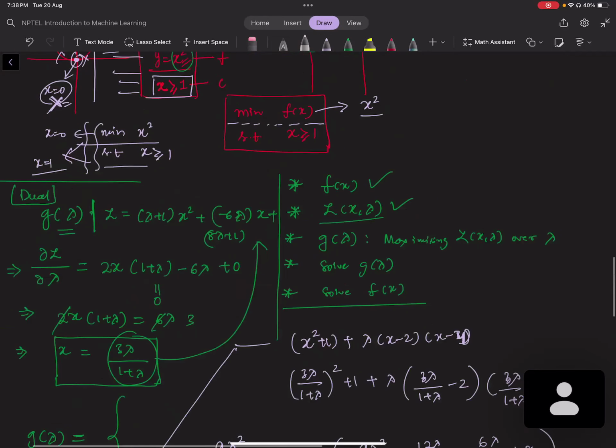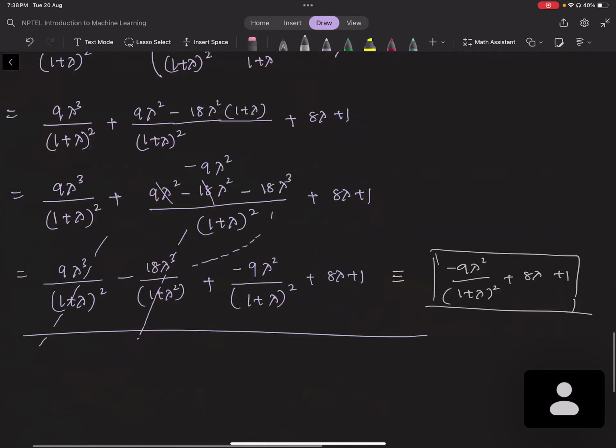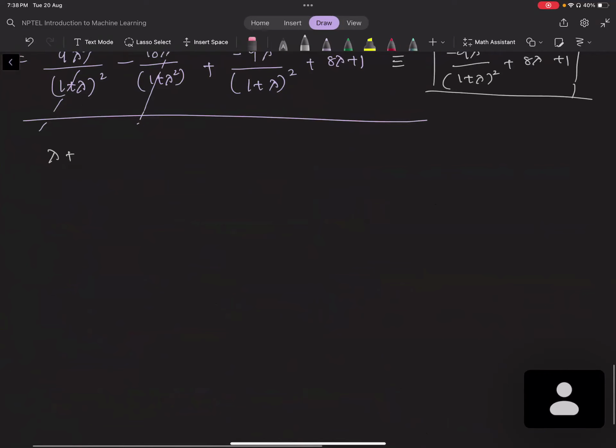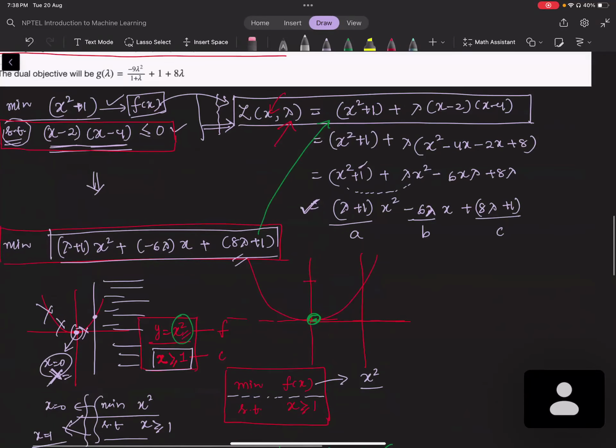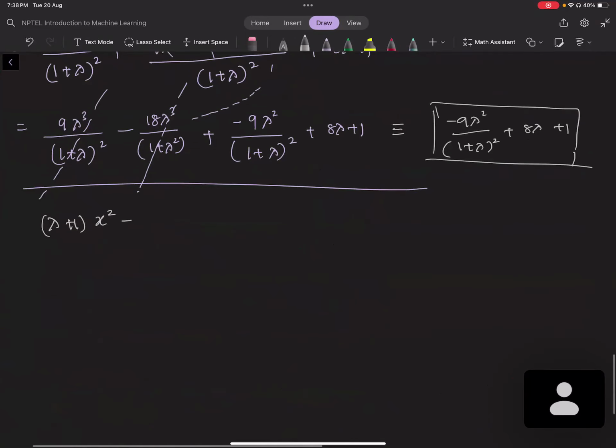What is that? Lambda plus 1 x square, lambda plus 1 x square minus x square minus 6 lambda x minus 6 lambda x plus 8 lambda plus 1.